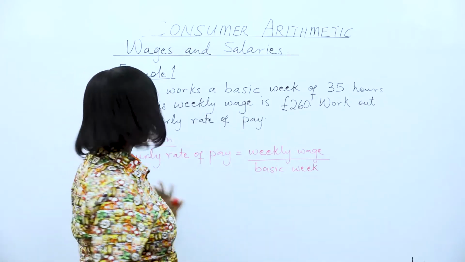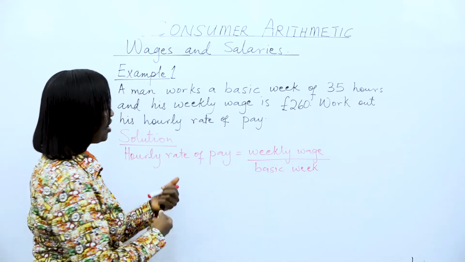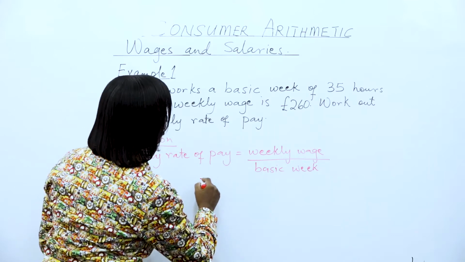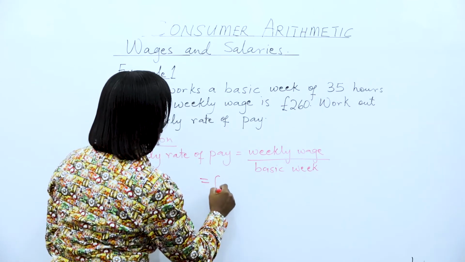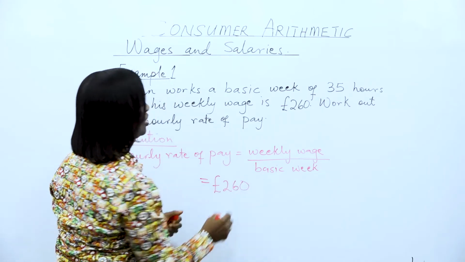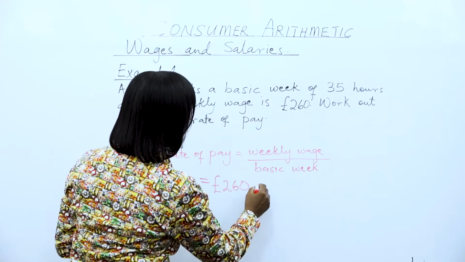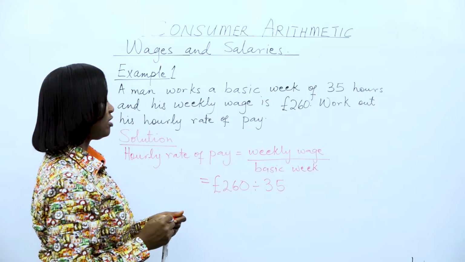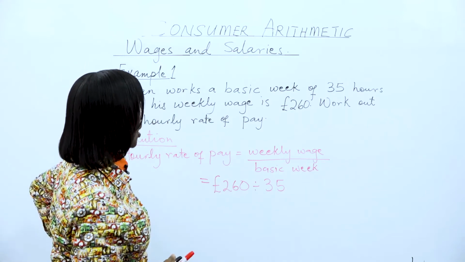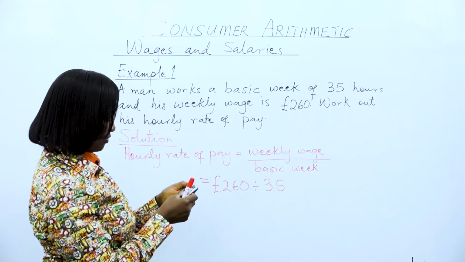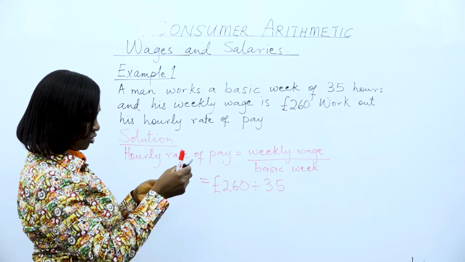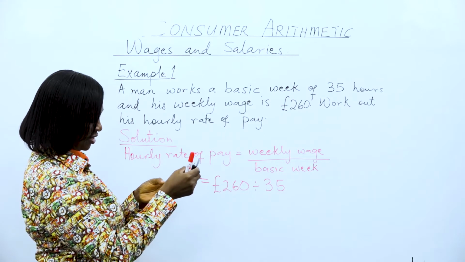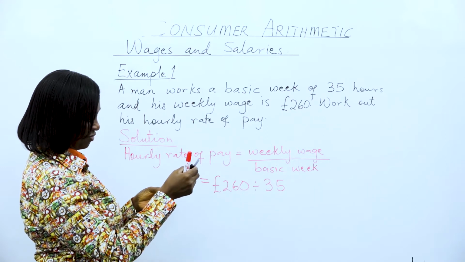So to calculate the hourly rate of pay, we have the weekly wage, which is £260, divided by 35 hours of work. We input that into the calculator, and we have 260 divided by 35.